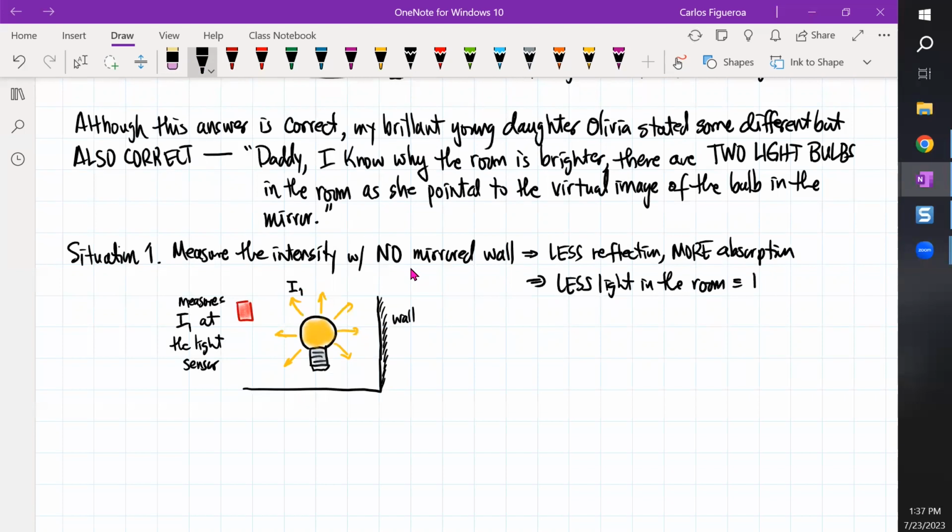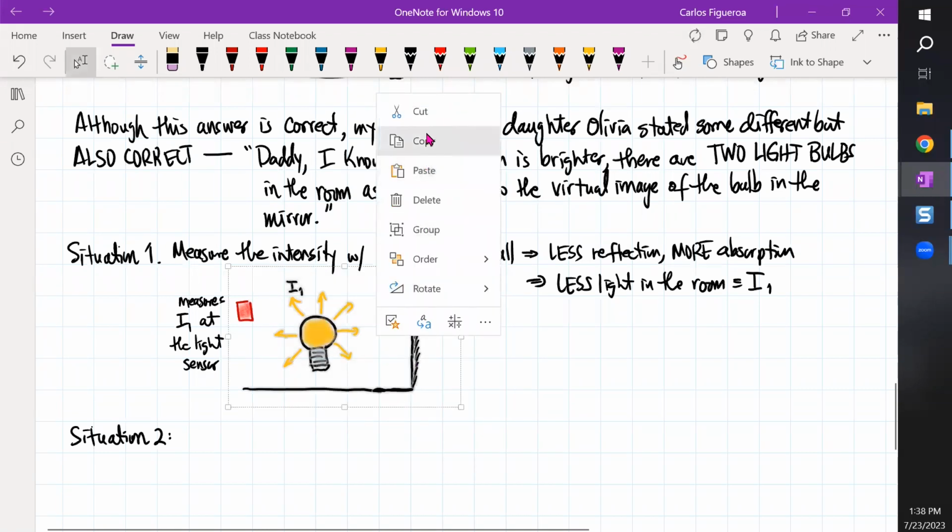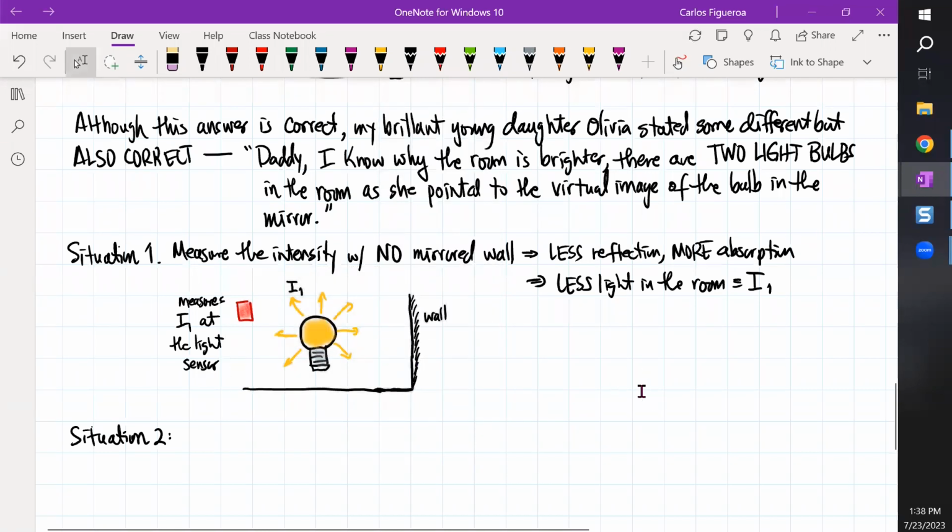And this is what we define as the intensity I1. Now let's go to situation 2. I'm going to copy this, and I'm going to run out of space, so I'm going to move this wall over a little bit because I'm going to need that extra space. Now I'm going to copy this and bring it down with me.